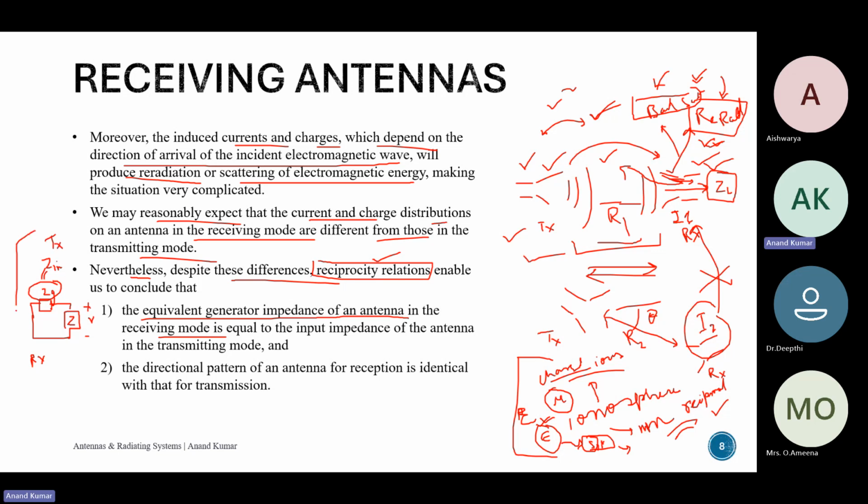This may sound very complex, but we'll derive this now. And the directional pattern of an antenna for reception is identical with that of transmission.